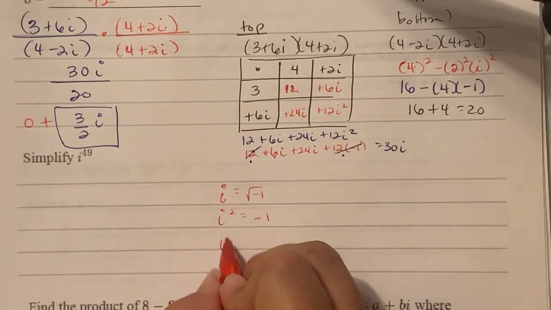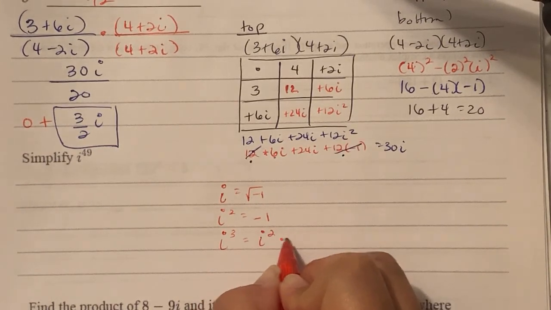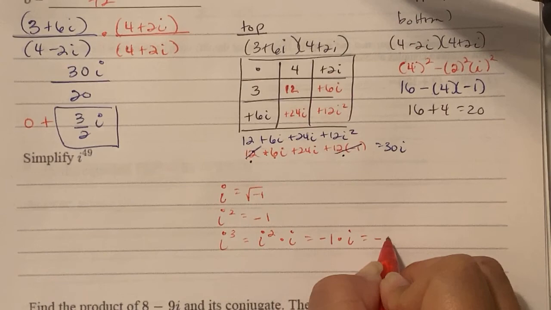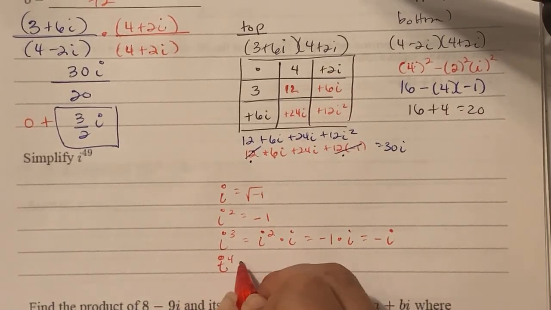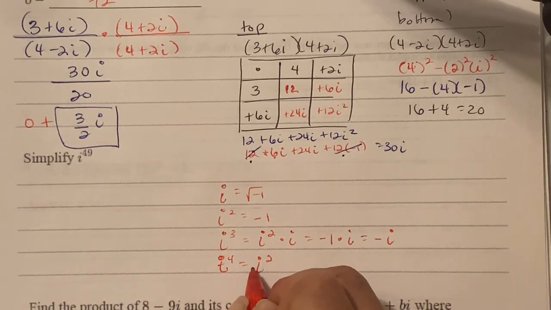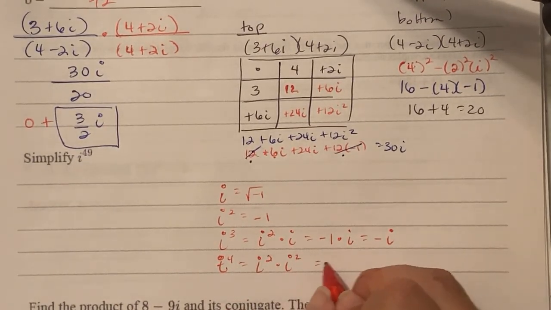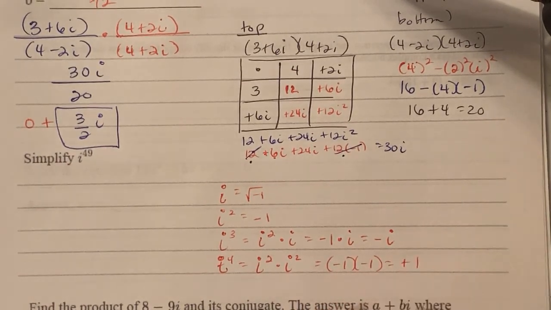Now, i to the 3rd power is actually i squared times i, so we get -1 times i, which is -i. If we do i to the 4th power, that's the same thing as saying i squared times i squared. So we see -1 times -1, which makes it +1.